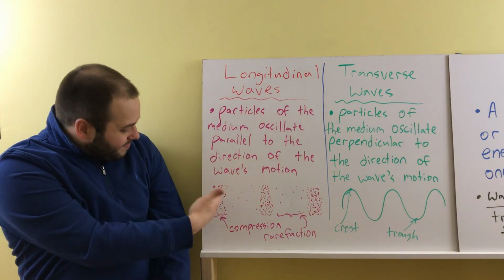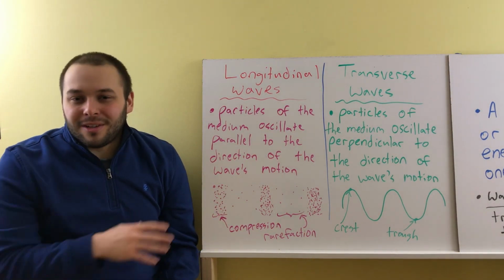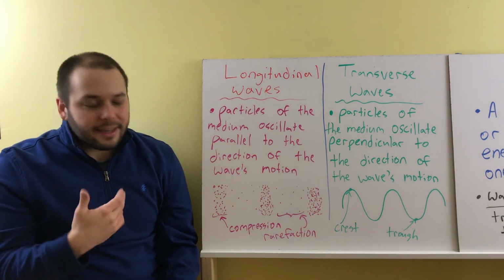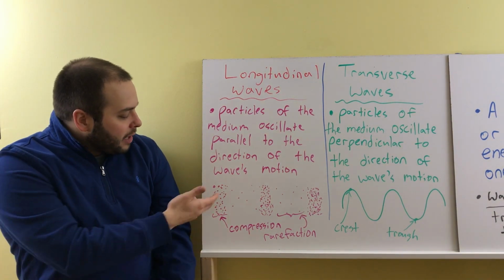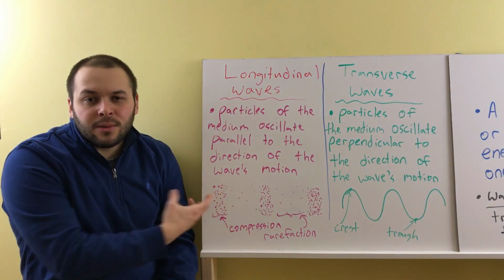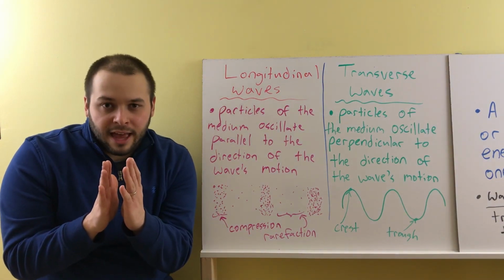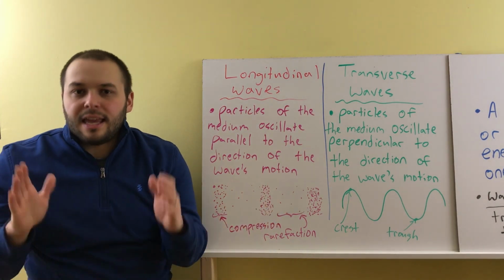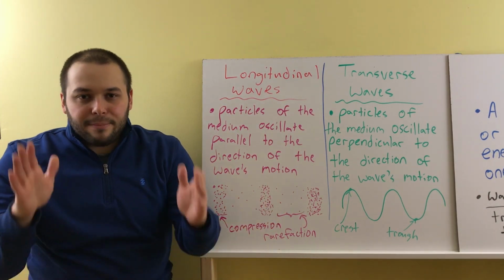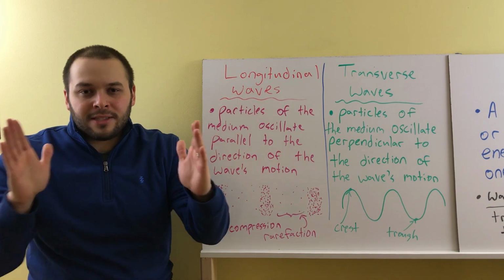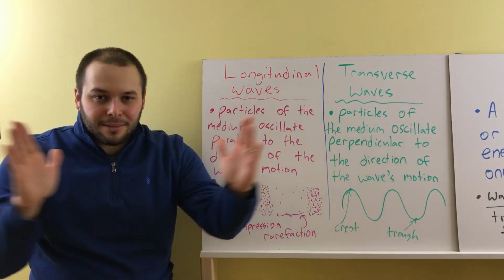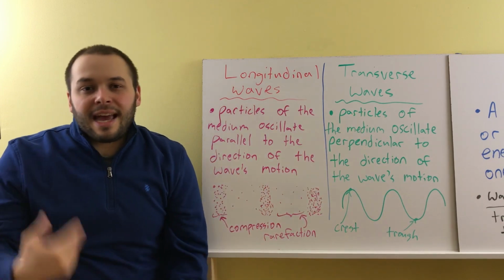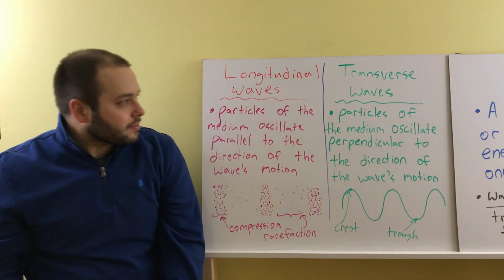So drawing a model for the air molecules in a room, or what we would think of a sound wave to look like, we can think of our compressions as zones in which the molecules get really close together, and rarefactions as these empty spaces in between the compressions. And basically what happens in a longitudinal wave is those zones keep on switching. There's compressions, then rarefactions, then compressions, then rarefactions, such that the sound wave is transferred.